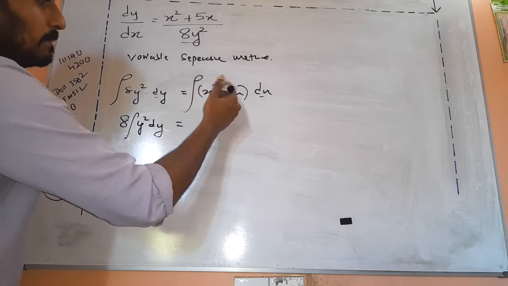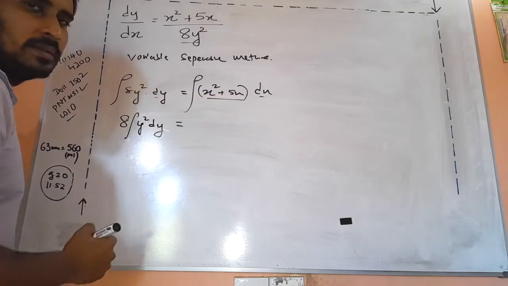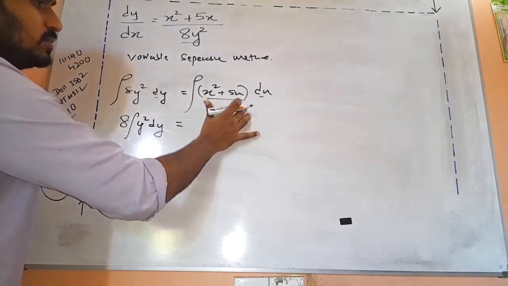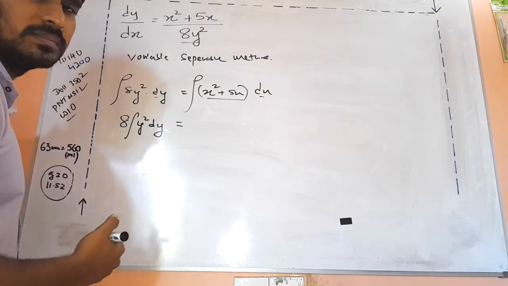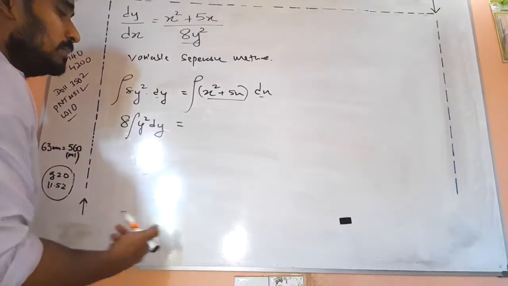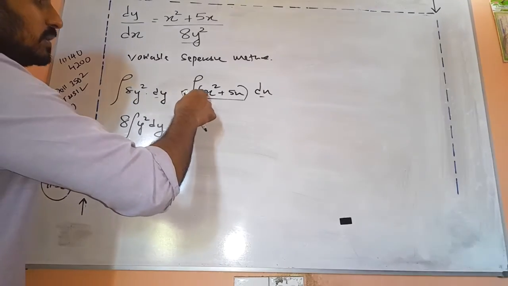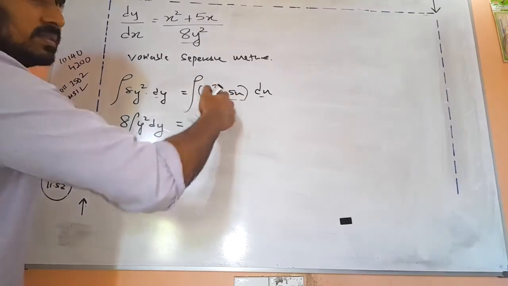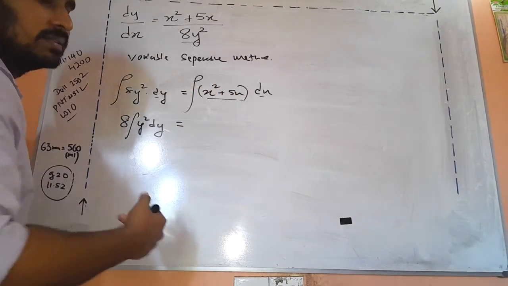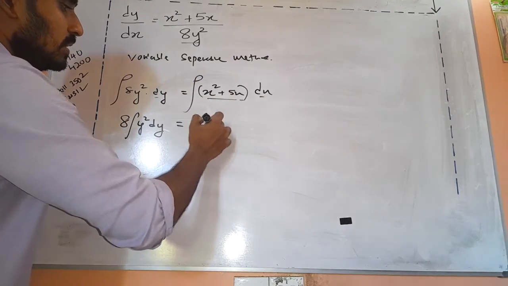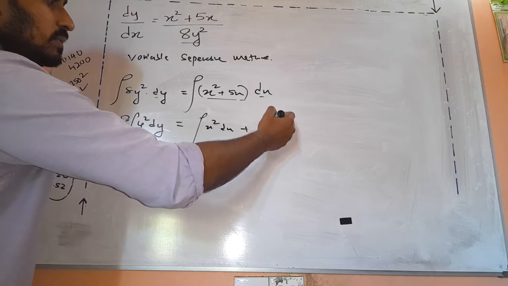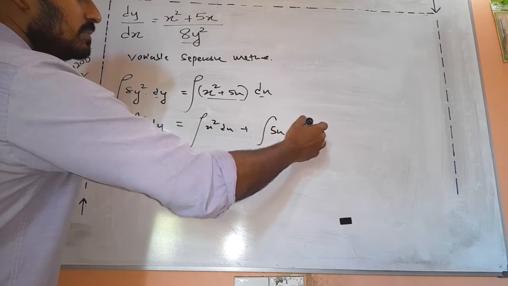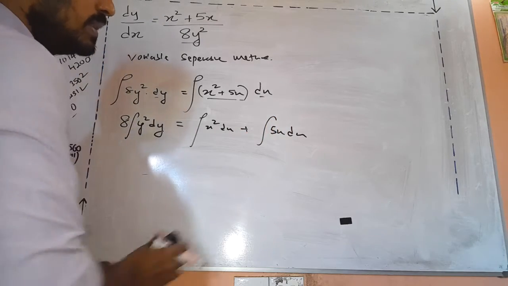Here you have a combined expression, so you can separate it, because I want to explain this from the fundamentals. The integration of this plus the integration of this, that is also an integration rule. So the integral of x squared dx plus the integral of 5x dx, but you can take 5 out.